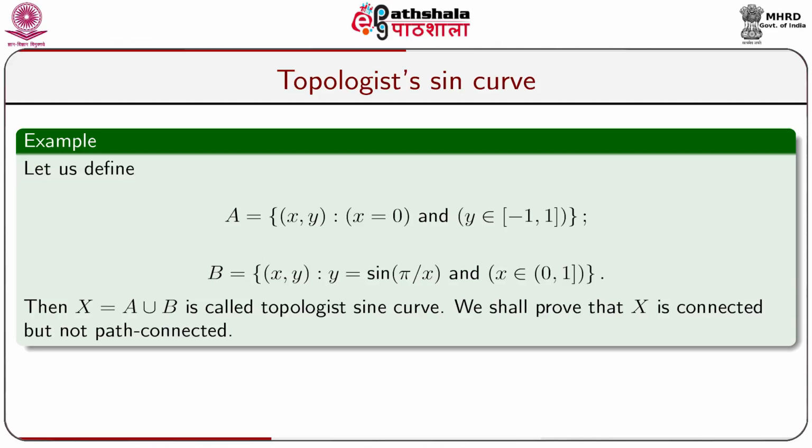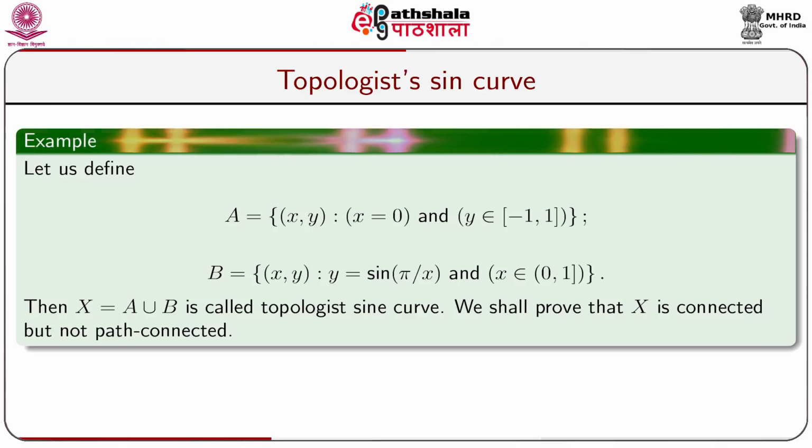In the following example, we shall provide an example of a connected space which is not path connected. This will also work as an example of the fact that the closure of a path connected space may not be path connected. This example is known as the topologist sine curve in the literature.